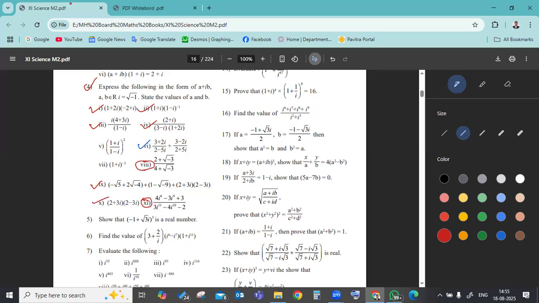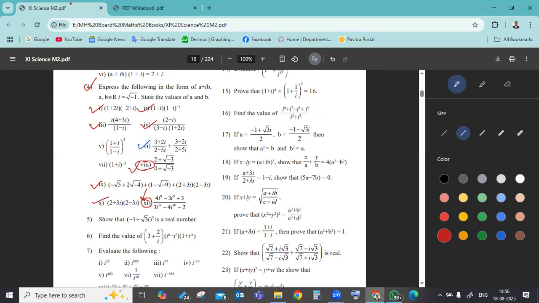No, we'll go to the next question, surely. I have marked these two questions as doubtful. Still, you don't have any doubt in it? No. Don't you want me to solve these two questions? I know how to solve conjugates.